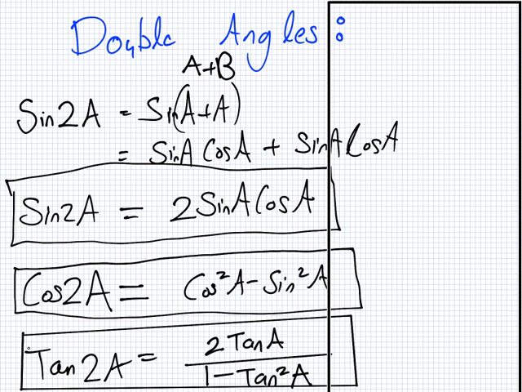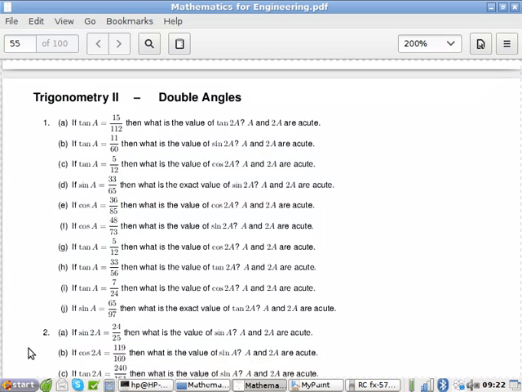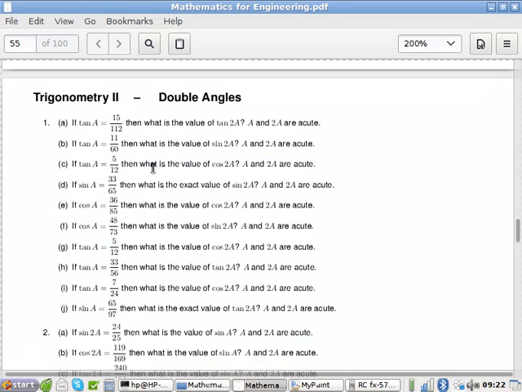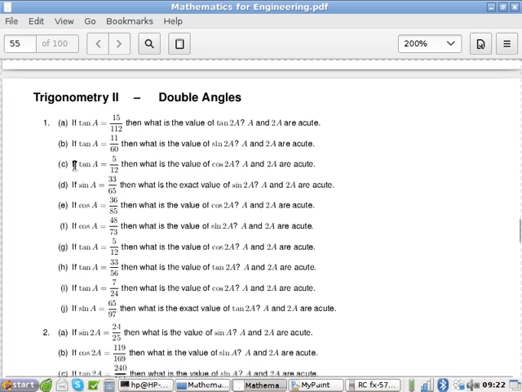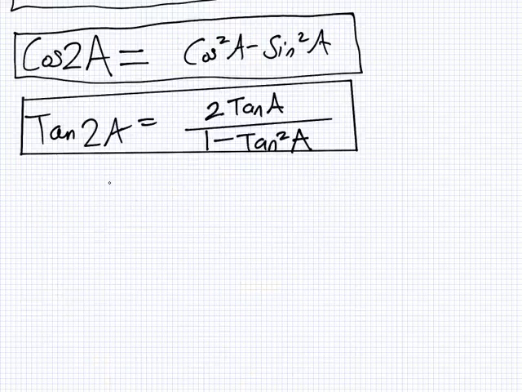So, let's have a look at how to use these. Very similar to what we did yesterday. So, let's do C here. Tan A equals 5 over 12.